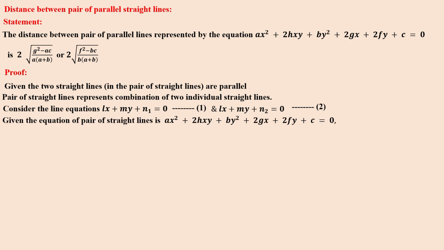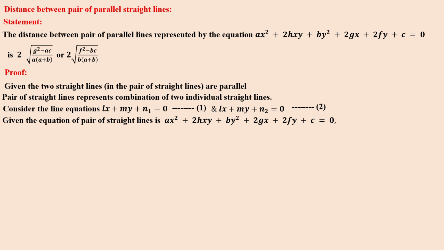Here we are taking two straight lines whose combination is the pair of straight lines represented by ax² + 2hxy + by² + 2gx + 2fy + c = 0.